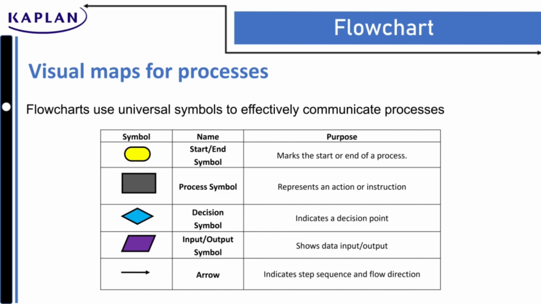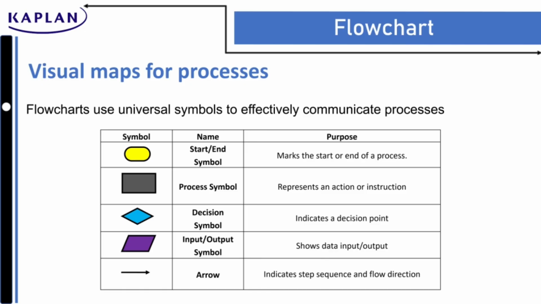A key distinction to remember. The process symbol signifies an action performed by the user following the flowchart, while the input and output symbol represent data flowing into and out of a system, like a computer or a physical object.